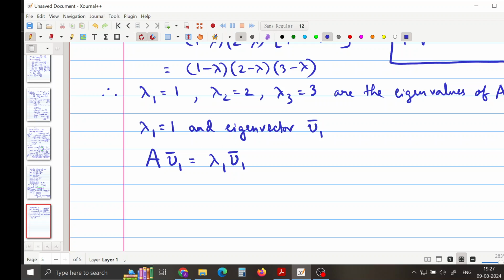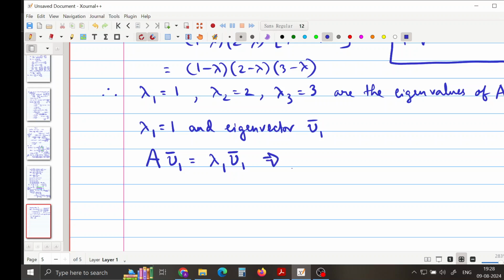It means that A acting on the eigenvector is the same as a scalar multiple of the eigenvector itself. So the effect of this matrix acting on an eigenvector is simply scaling of that vector by some constant amount. Also, one more thing: the eigenvector is usually non-zero. You don't take the all-zero vector as an eigenvector.